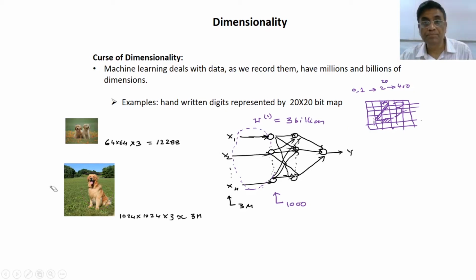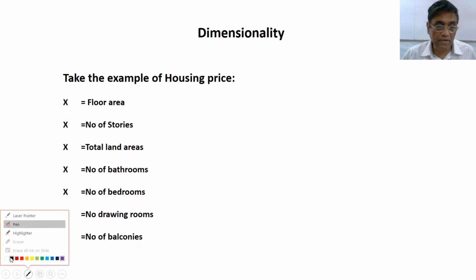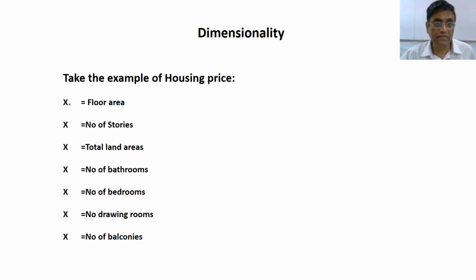And not only unstructured data, structured data also, say housing price data. Also, we can have a large number of features. Say floor area is one. Housing price depends on the number of stories, say this is feature X2.